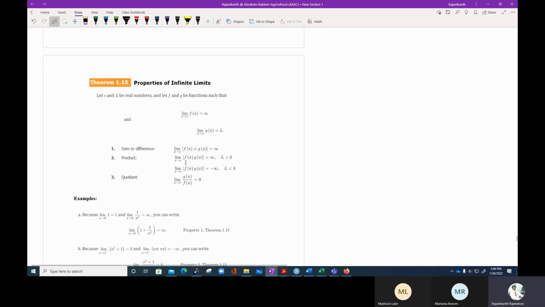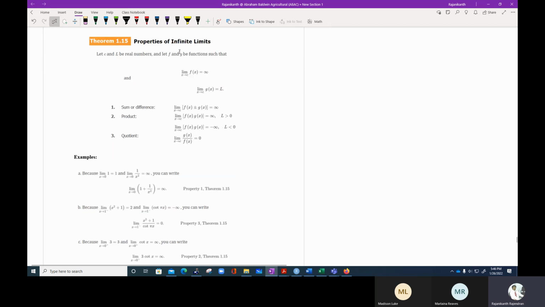Like the normal limit properties we studied in 1.2 and 1.3, here we also have some properties for infinite limits. If the functions have infinite limits, then the sum or difference of the functions is again infinite. And if you multiply an infinite limit function with another function, you will get an infinite function, maybe positive, maybe negative.